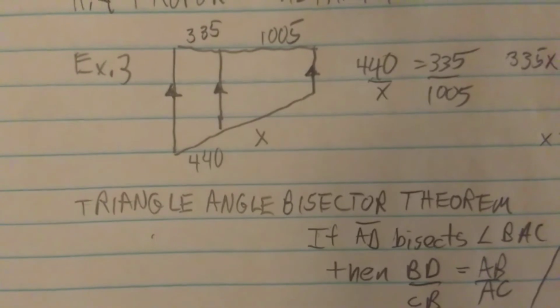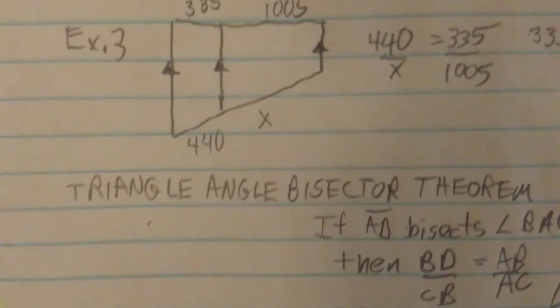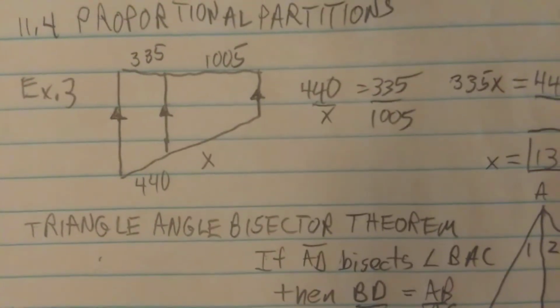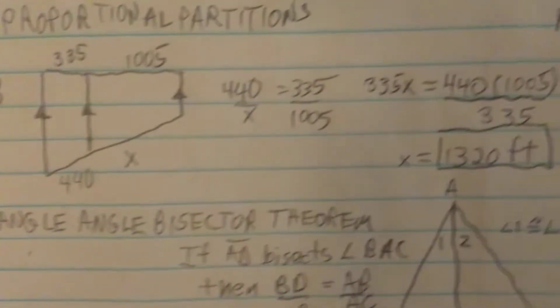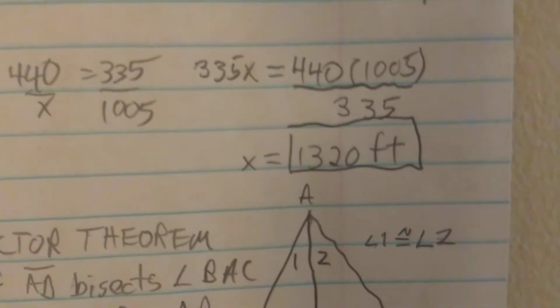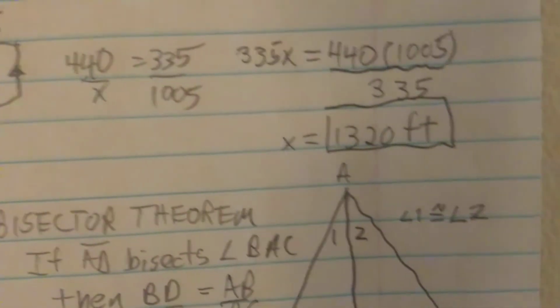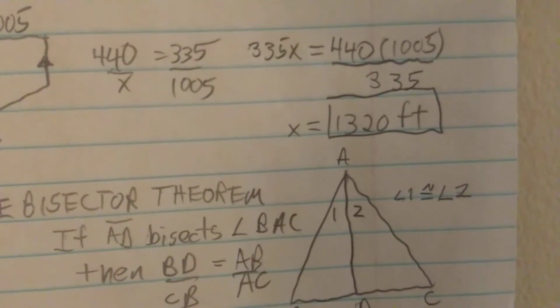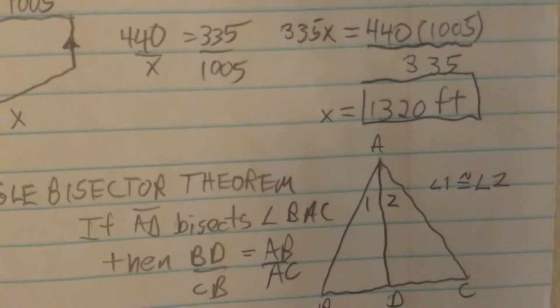So from our side splitter theorem, we have 440 over x on the right is proportional to 335 over 1005. So cross multiplying, 335x is 440 times 1005, dividing by 335, and do it just that way in the calculator: 440 times 1005 divided by 335. Make sure you can get 1320. Okay?